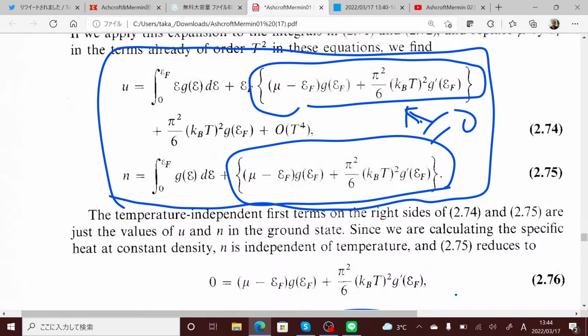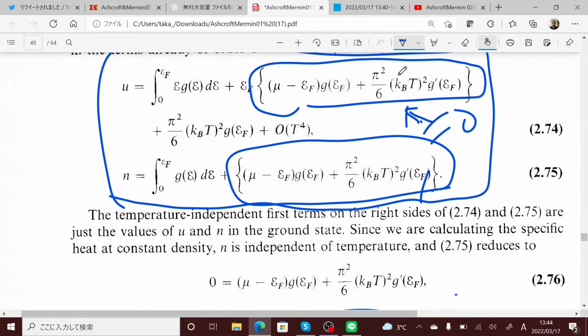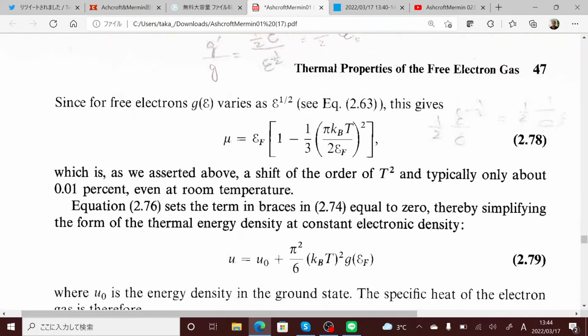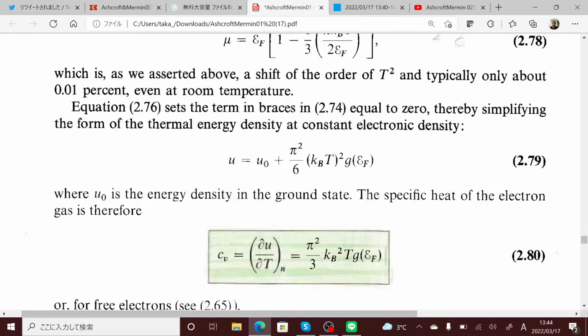Is it correct? So this is the form of the thermal energy density at constant electronic density.